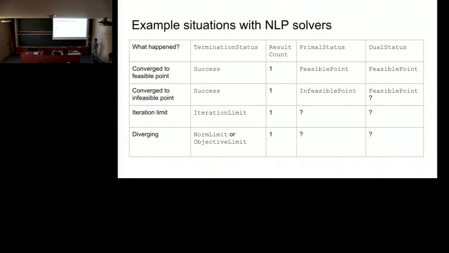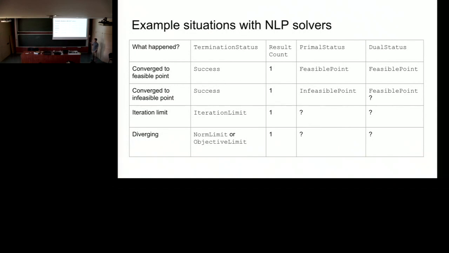We would say success, and we would have both the primal and dual feasible point. IPOpt can also converge to infeasible points. Since it's converged, we'll say success, but it has an infeasible point here. And what happens with the dual, I'm not quite sure what you would get back if you asked for the dual in that case.